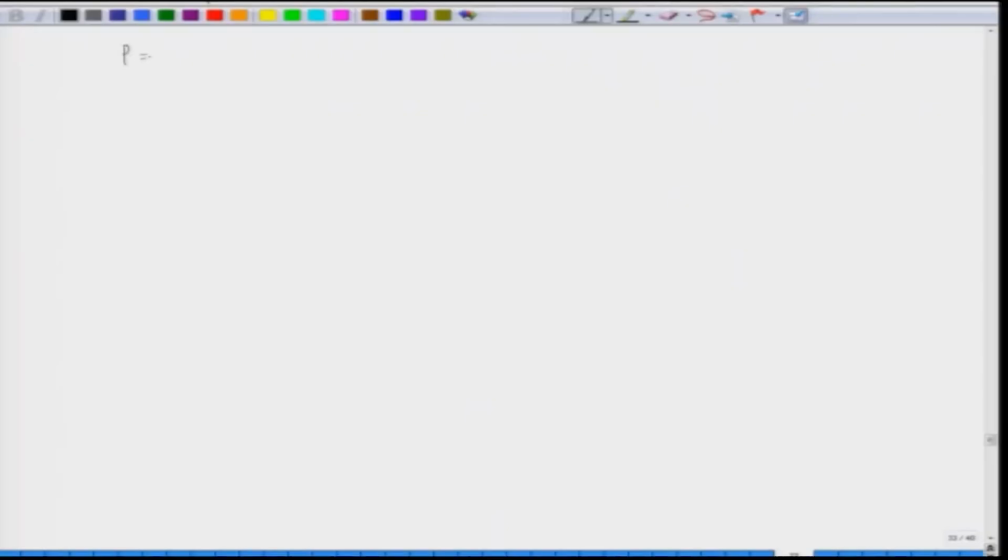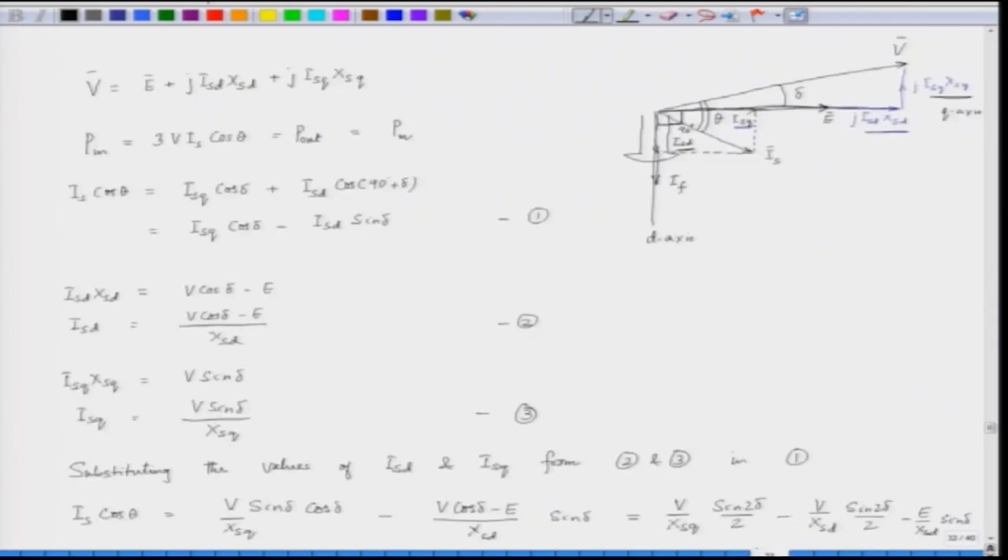The power equation is P, or Pm, the power output, is 3 V into I S cos theta. I S cos theta we have evaluated in terms of the voltage, the reactance and delta.